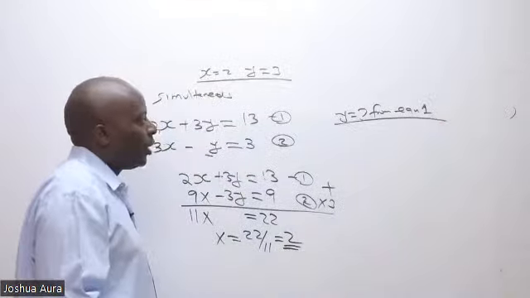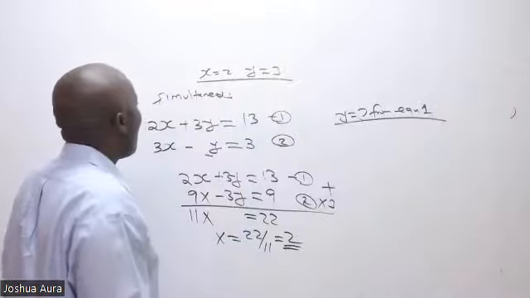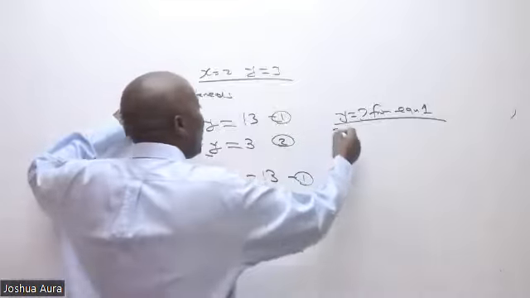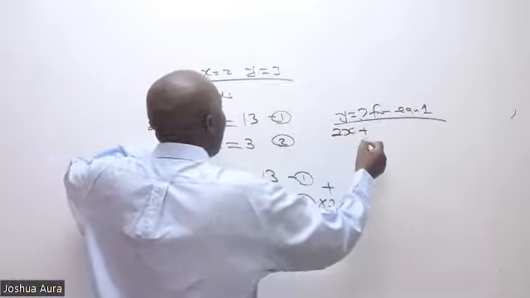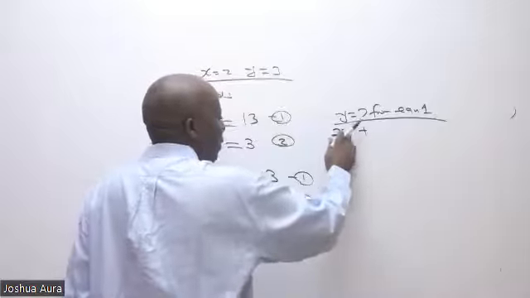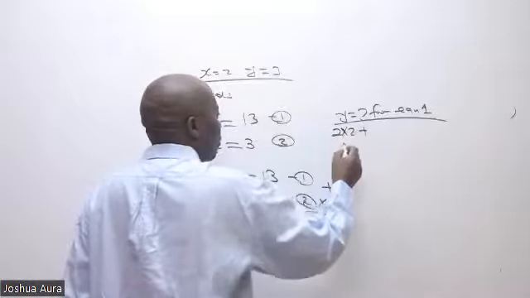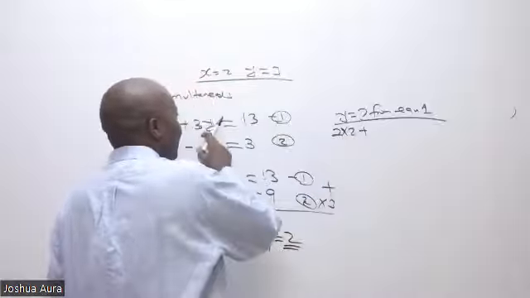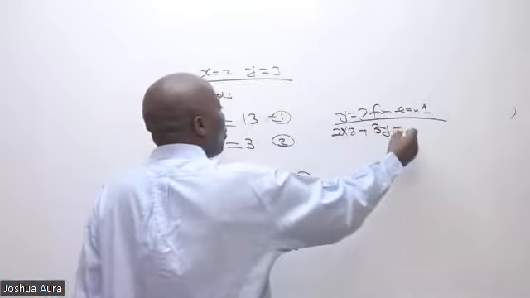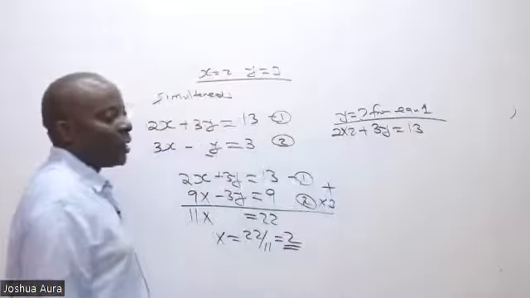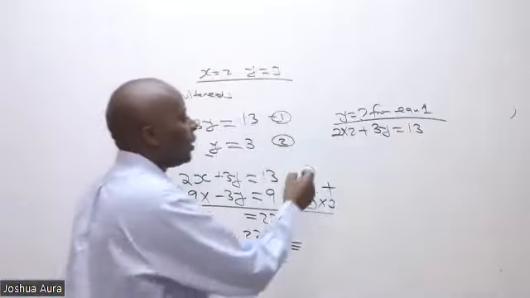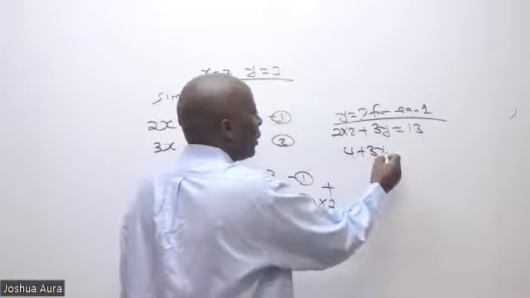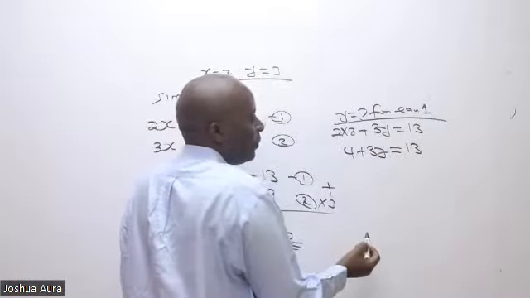So from equation 1, we have 2x plus 3y. Fortunately, we know that x is 2. So 2 times 2, plus 3y equals 13. So this boils down to 4 plus 3y equals 13.